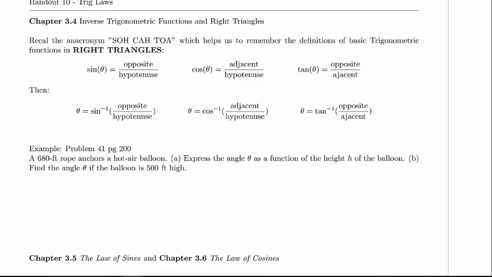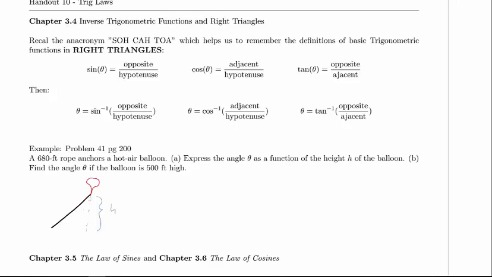So let's go ahead and draw this guy out. We've got our hot air balloon right here, and it is some particular height. It's free to blow around in the wind, and so it's got a rope holding it down like so.